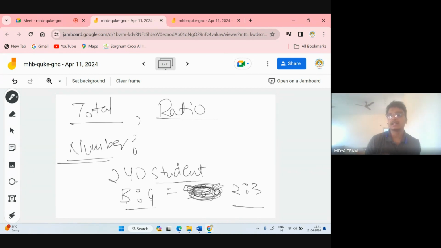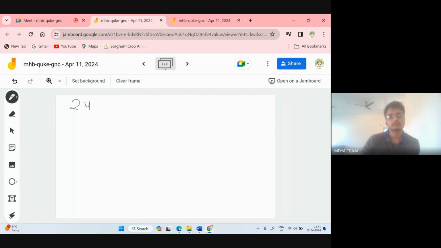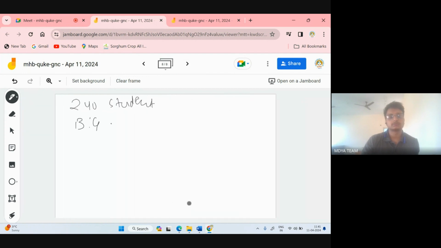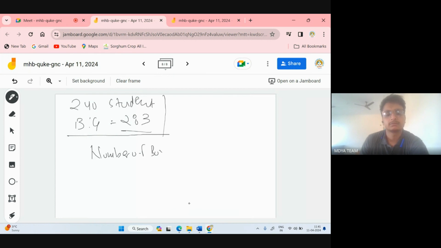So again, I am repeating: if you are given the total and the ratio, you have to calculate the actual numbers. How will you calculate? Now see here. If you are calculating the number of boys, what value is written in place of boys here?